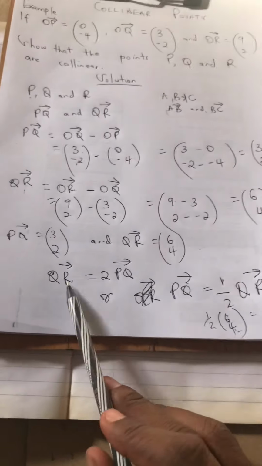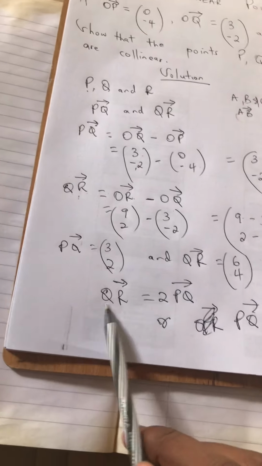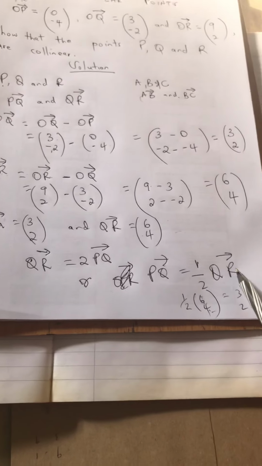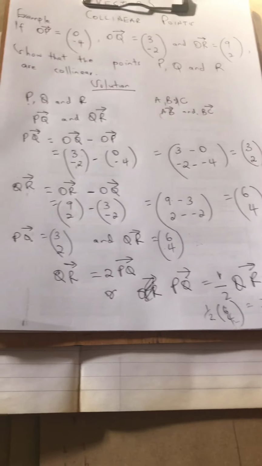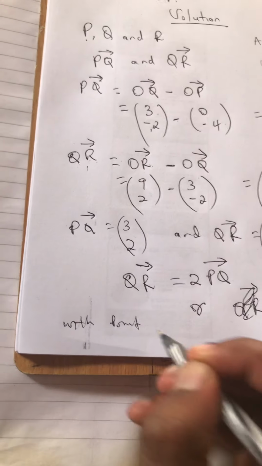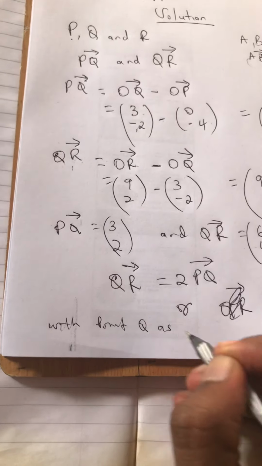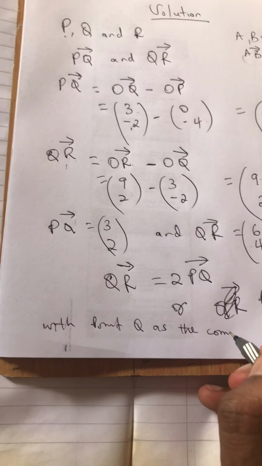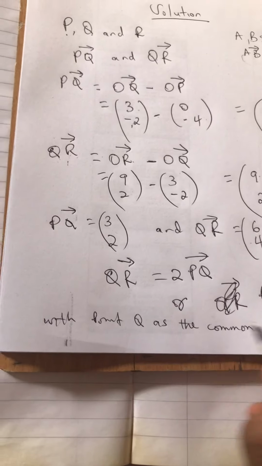So this is what you'll be required to show, that QR is equals to 2PQ, or PQ is equals to a half QR, with point Q as the common point. You have to say these words, with point Q as the common point.